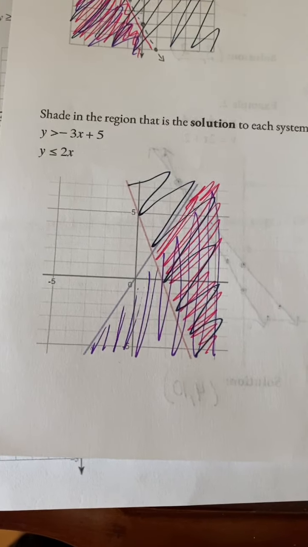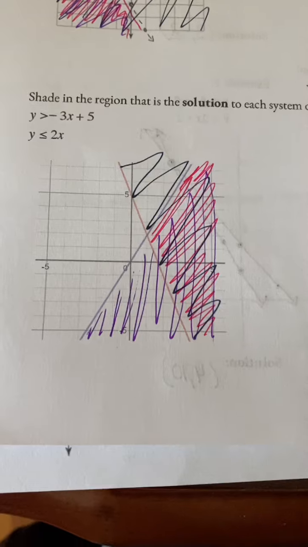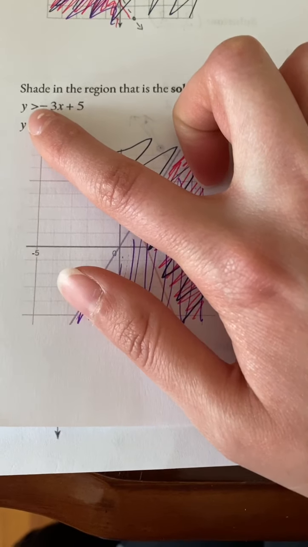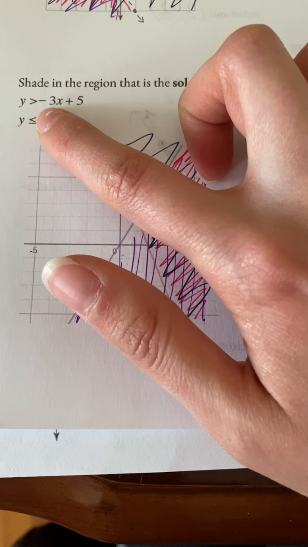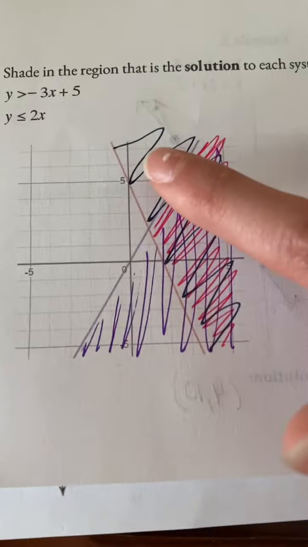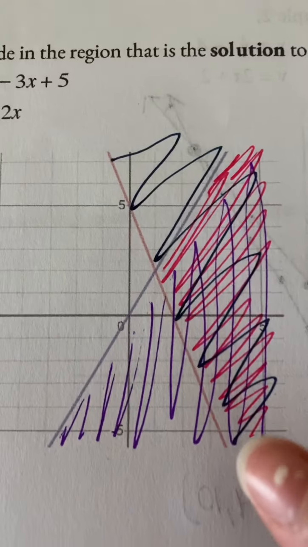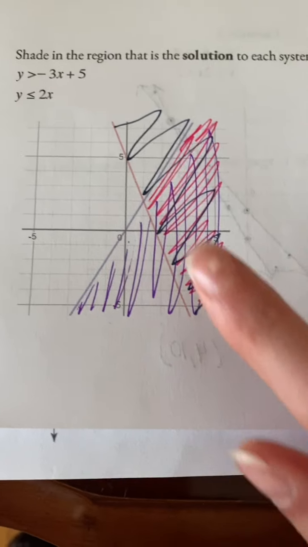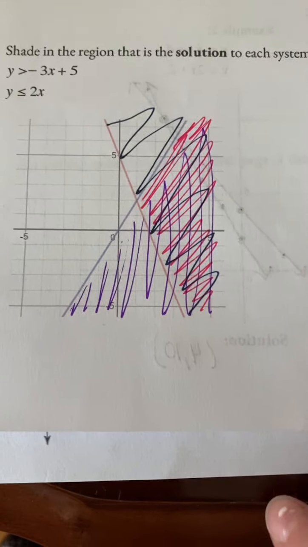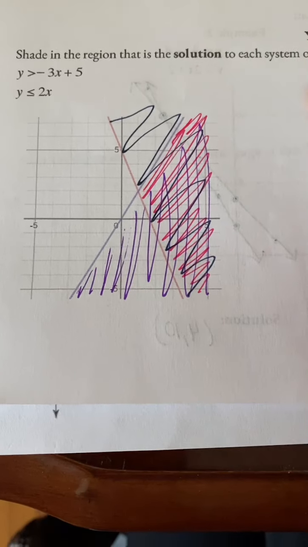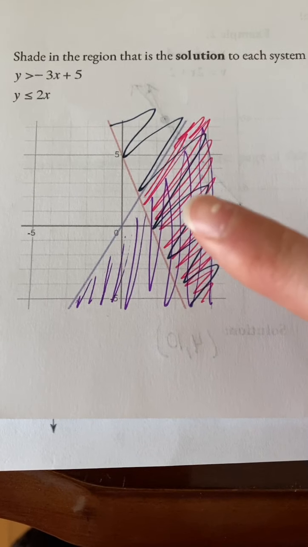Just to quickly go over U-try 1, one thing that's important to note is that this is y is greater than negative 3x plus 5, which means it should have a dotted line, but accidentally on the graph itself, it looks like a solid line. So don't be too confused by that because it should, in fact, be a dotted line. But if you identified the lines correctly and did your shading correctly, this will be the section that is shaded.